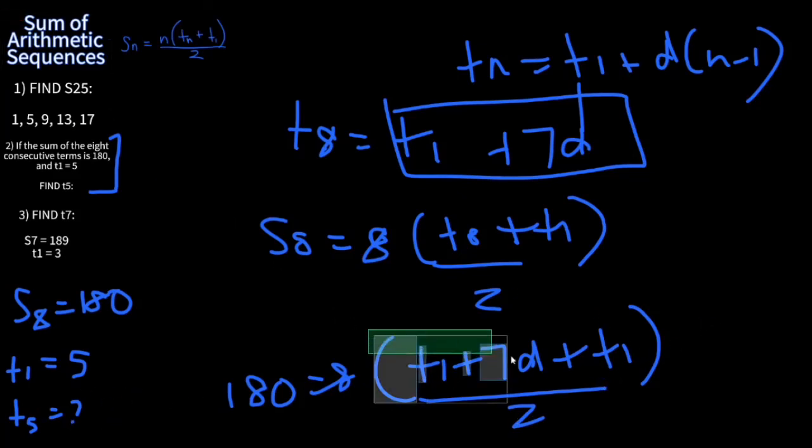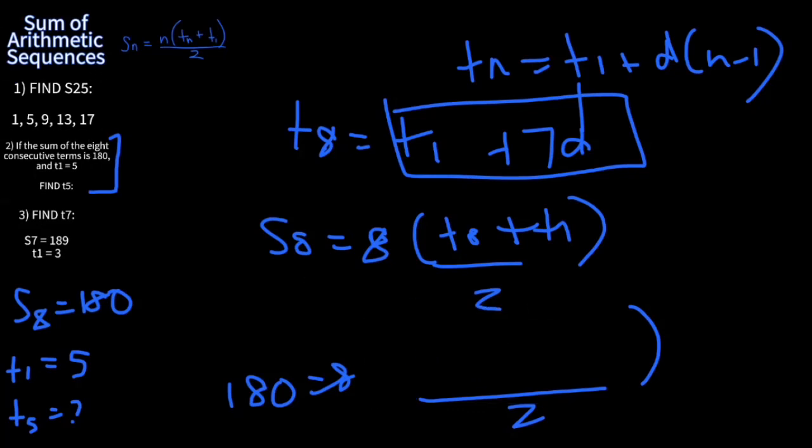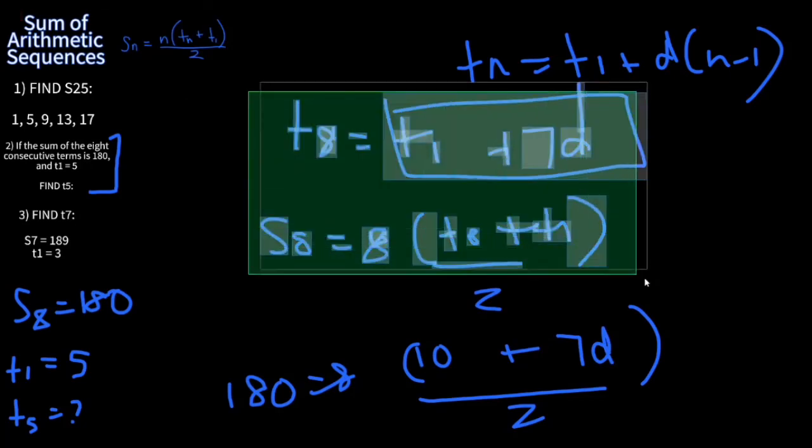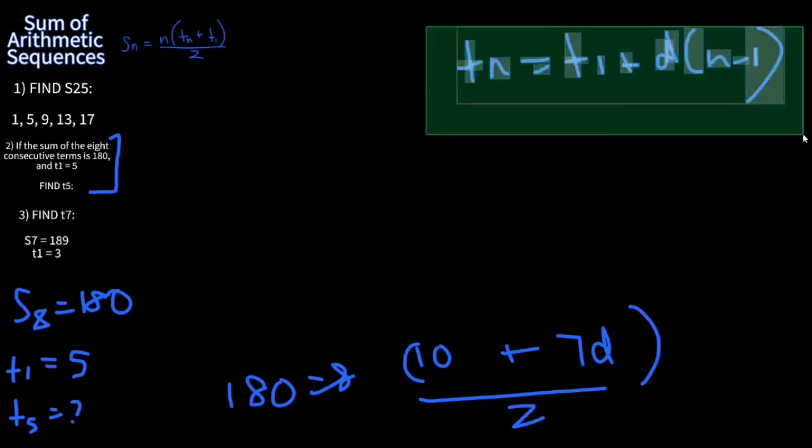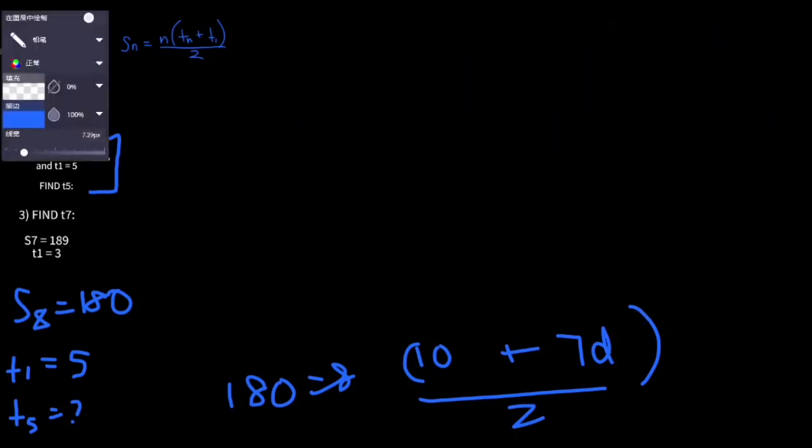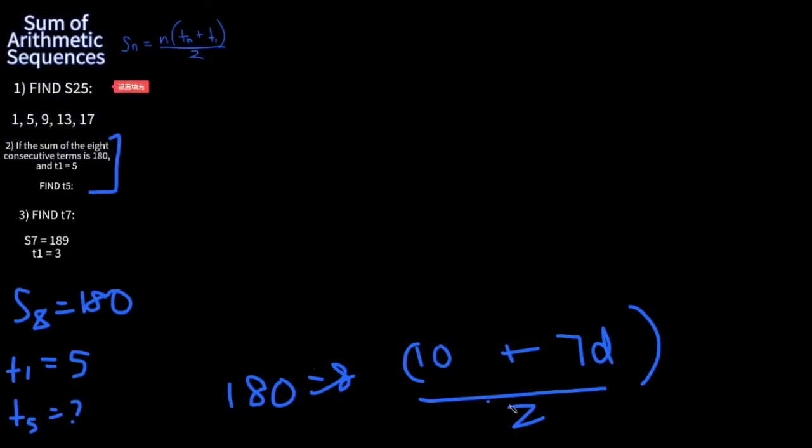So what's actually inside the brackets right now are just 10 plus 7d. And so you do the same thing. 2 goes over to that side. So 2 times 180 here, 360 equals 8, bracket 10 plus 7d.